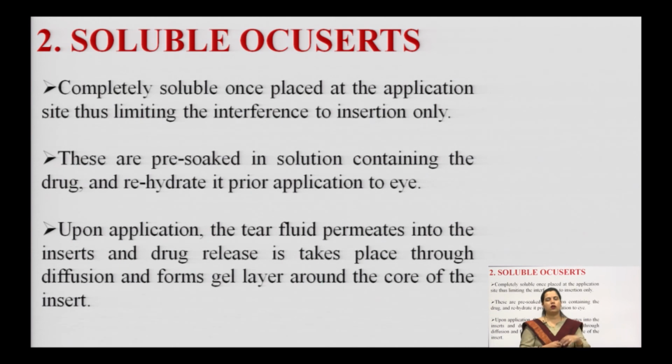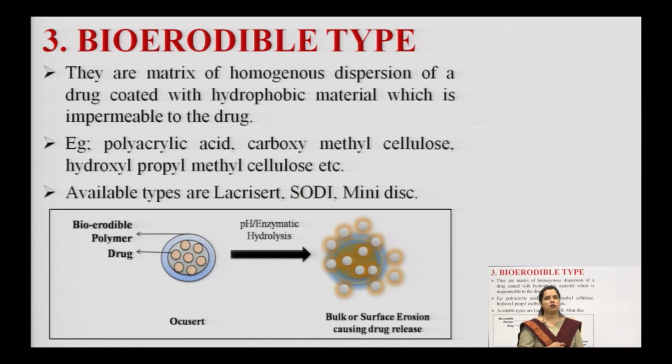Soluble Ocuserts are completely solubilized during the therapy, and they need not be removed after treatment. And this is the bioerodible type. These are the advancements like research and SODI mini discs, right. These are biologically erodible within the system during the therapy.